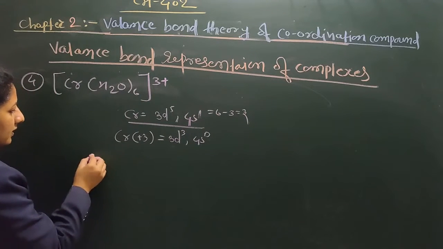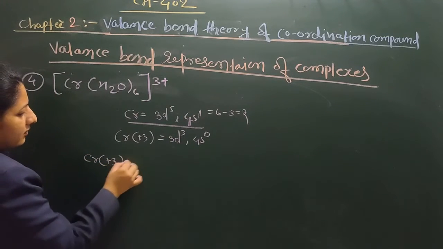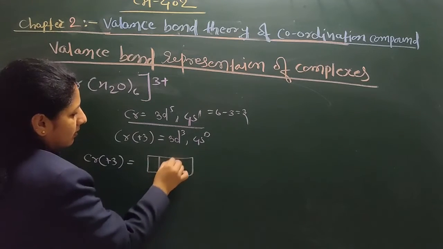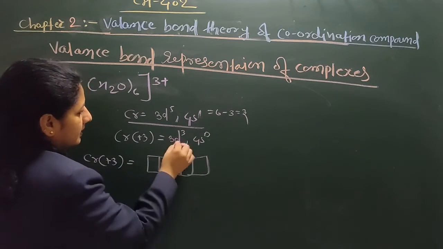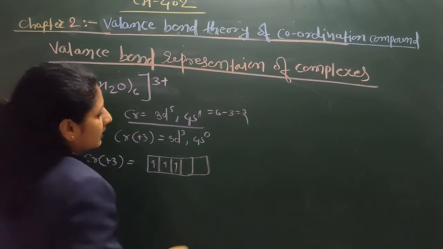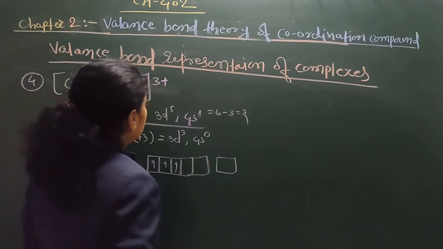So let's draw the box diagram for this complex: 3d3, 1, 2, 3, and 4s, which is vacant.